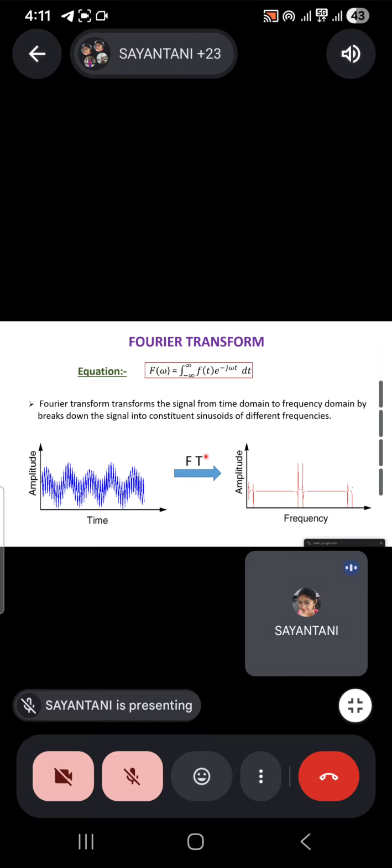And in Fourier transform, what happens is that this time domain signal is basically broken down into consequent sinusoidal waves to understand the different frequency changes of these signals. So what we get as an output is something like amplitude versus frequency. So previously we had amplitude versus time. Now we have amplitude versus frequency. So we are going to get these small frequency spikes indicating the different changes in frequencies taking place in the EEG signal.